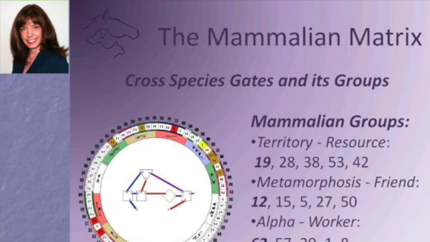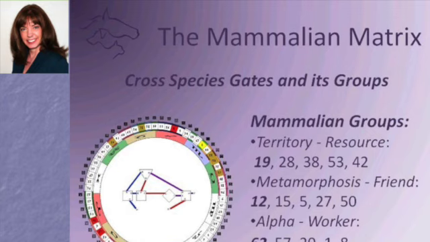And when I say cross-special, there are these three gates, the 19th gate, the 12th gate, and the 62nd gate, that if you have that within your design, or the gate that is opposite in the channel of that gate. So for example, in the case of the 19th gate, if you had what's across the channel of it, and that's, by the way, in the root center.